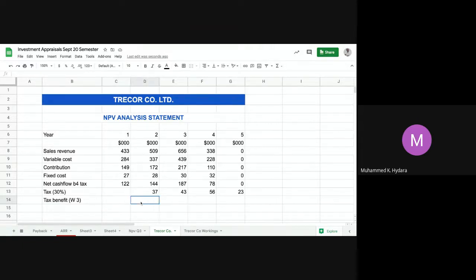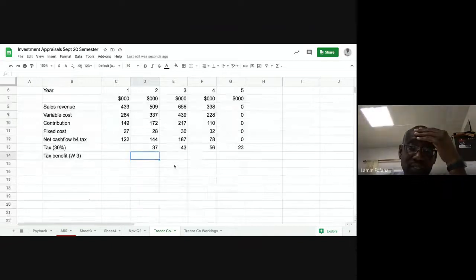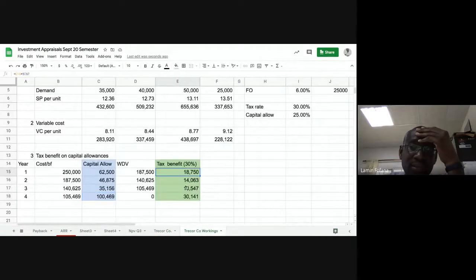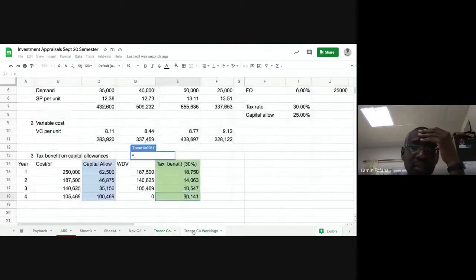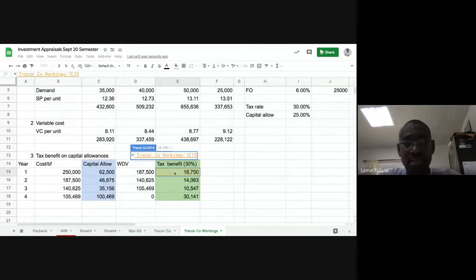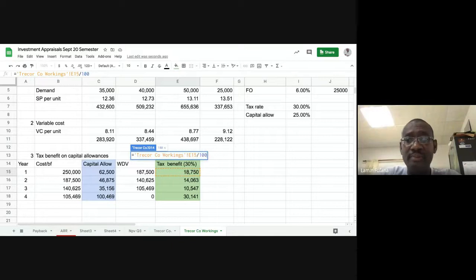So what we are trying to do is bring these tax benefits we have calculated here. That's the 18, the 14, the 10, and the 30. Okay, so we're going to bring that here. So like I said, for year one, it will be in year two. So we say equals this divided by 1,000.